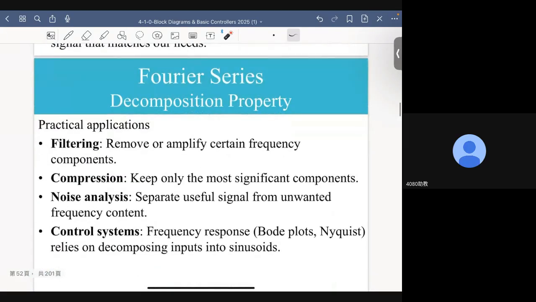So, by using this so-called decomposition, I should say three-step process, what can we do? For example, practical applications, including first, filtering: remove, or amplify certain frequencies. Remember, filtering does not always mean removal, okay?